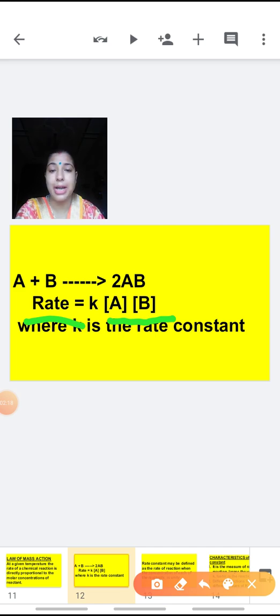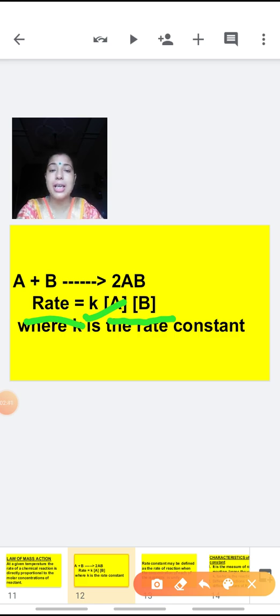This square bracket represents the concentration. Now, removing the sign of proportionality, the constant comes, that is this K. So, rate is equal to K into concentration of A into concentration of B.